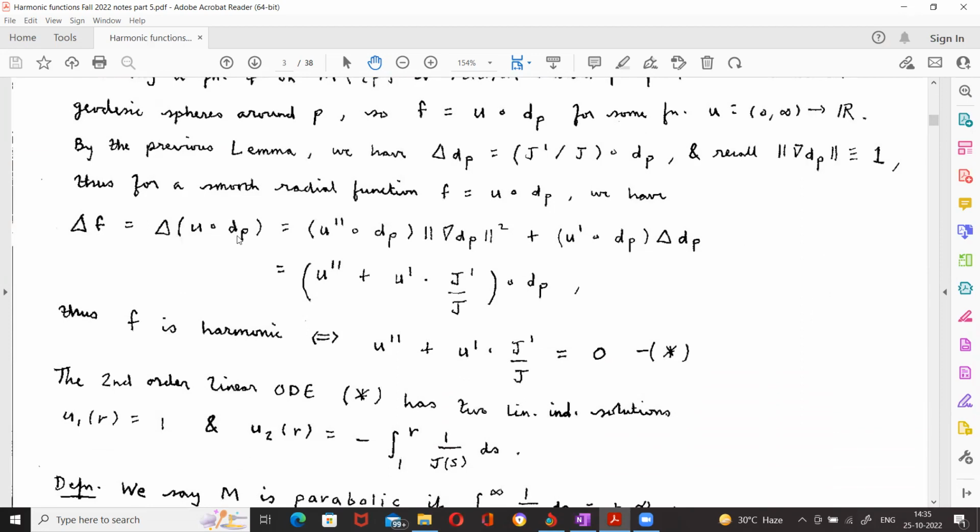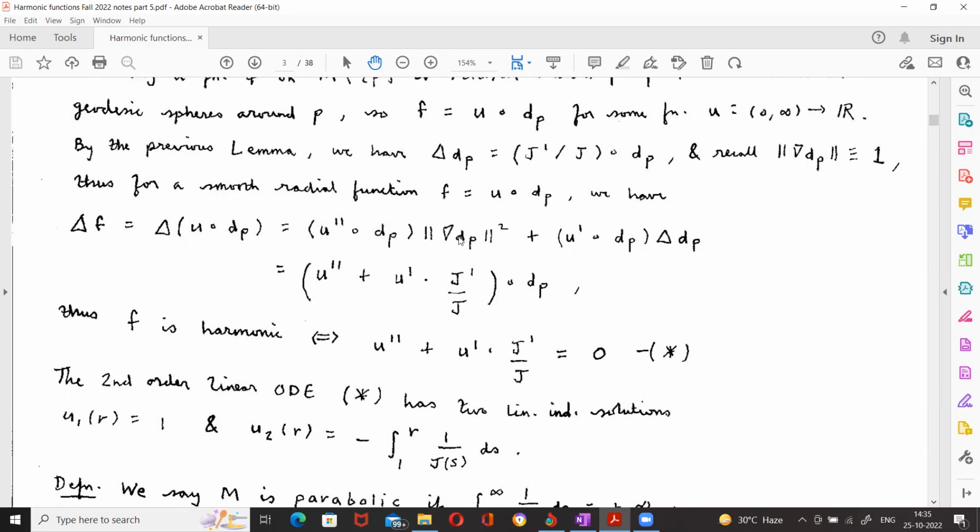We found the formula for this: it will be u'' composed with the distance function times the norm of grad d_P squared, plus u' composed with the distance function times the Laplacian of the distance function. And now the first term is okay because this norm of grad d_P we know is always 1.